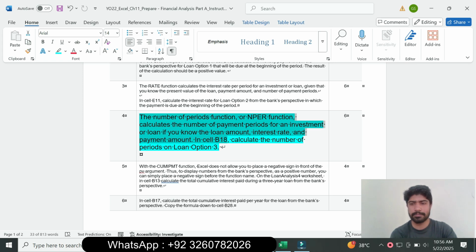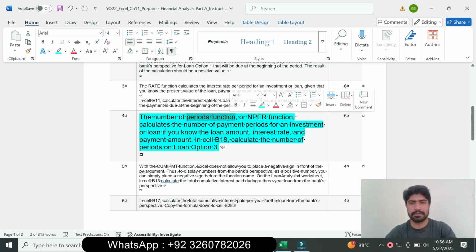In cell B18, calculate the number of periods on loan option 3.